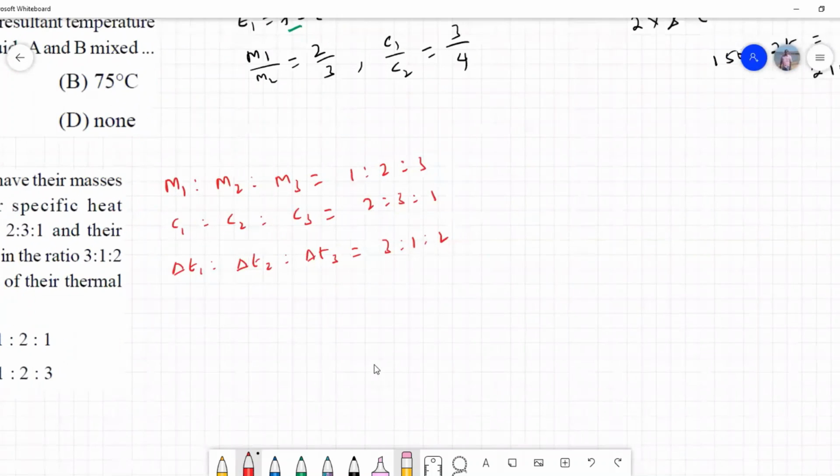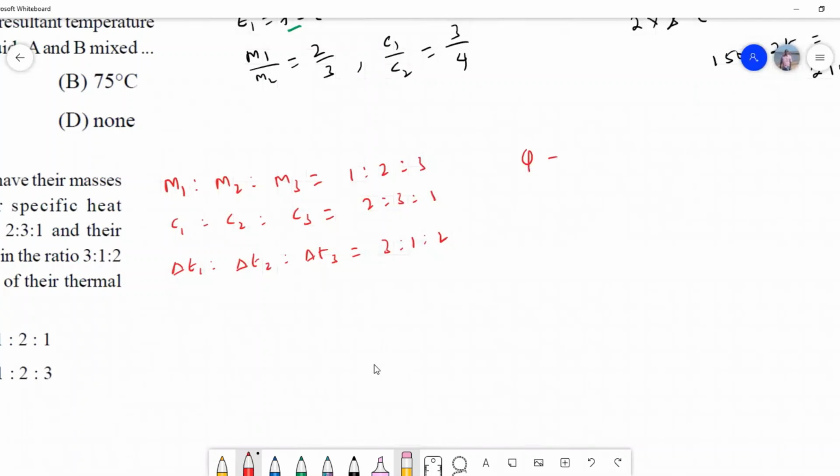It is asking energy absorbed. So energy absorbed is mcΔT. So Q1 is to Q2 is to Q3 is equal to mcΔT. If you take the first one, mass is 1, specific heat is 2, temperature change 3. So 1 into 2 into 3, nothing but 6.